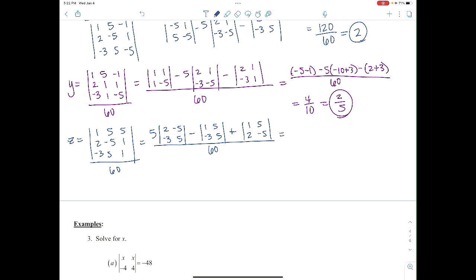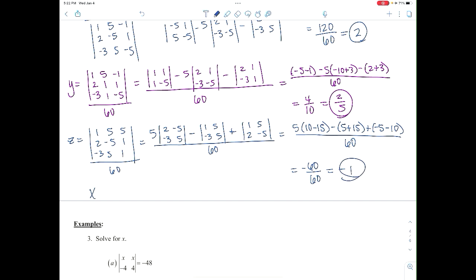This gives us 5 times 10 minus 15, minus 5 plus 15, plus negative 5 minus 10, over 60, which gives us negative 60 over 60, which is negative 1. So we have x equals 2, y equals 2/5, z equals negative 1.